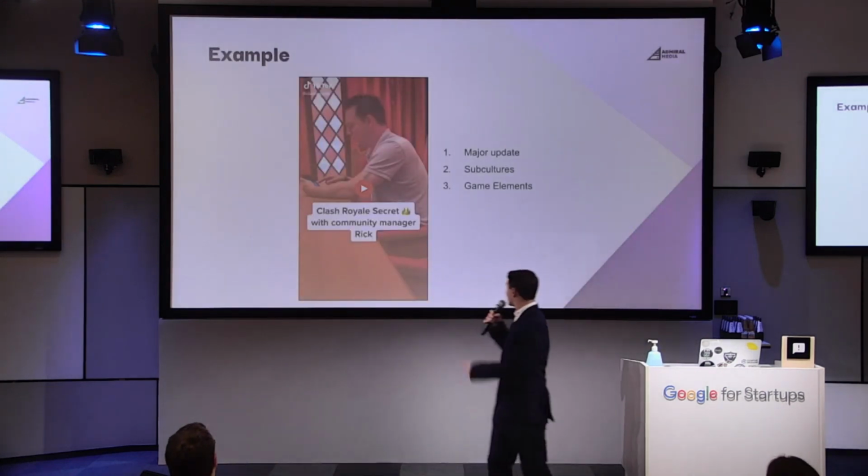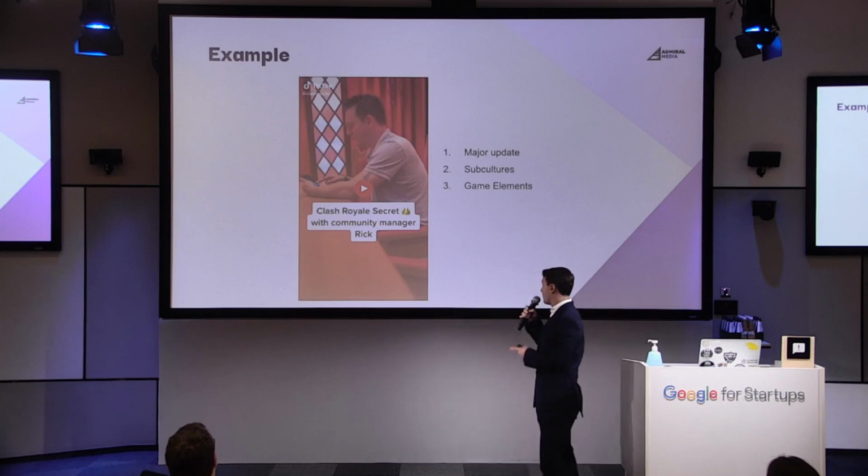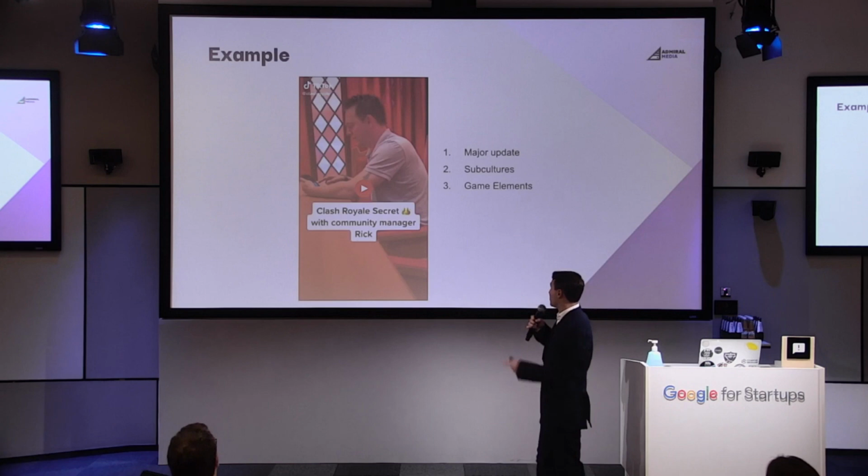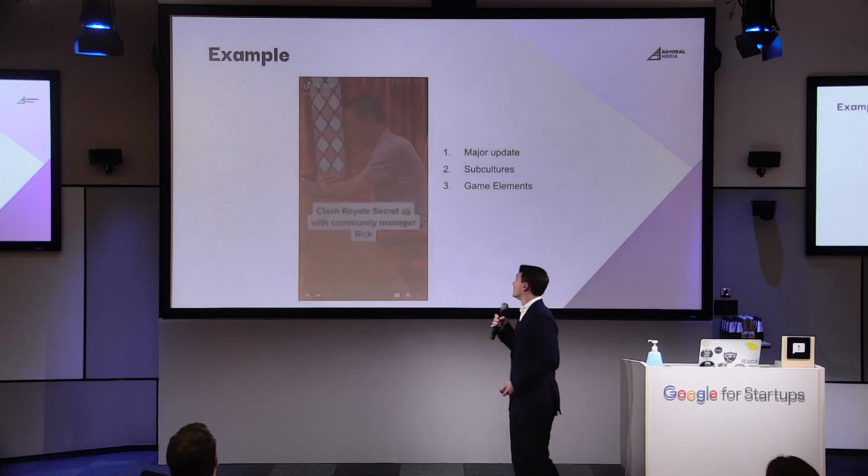So yeah, now a little test. There are these three options: the major update, subcultures, or game elements. And I would like to ask you, which one do you think that this video is?